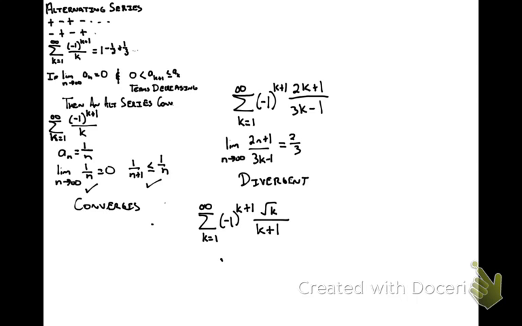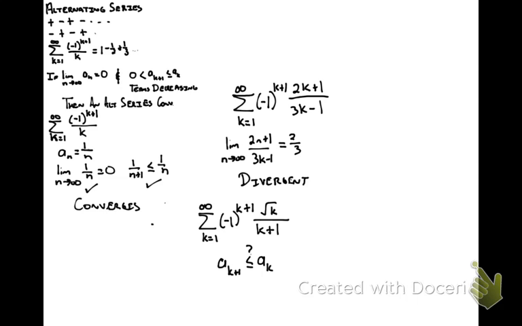We will find that the limit of the nth term of this will be 0, right? The degree of the numerator is smaller than the degree of the denominator, so this is going to go to 0. But the hard thing is what's going on with a of k plus 1 compared to a of k. Is this true? That's difficult to tell on this.